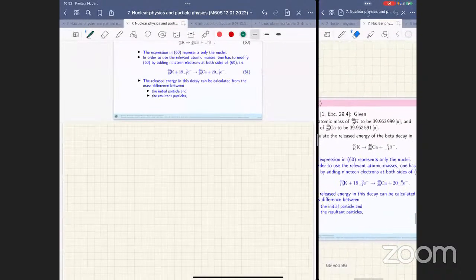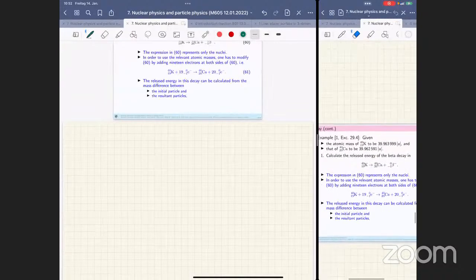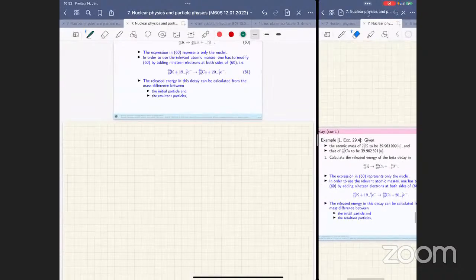Let's consider one of the beta decay processes, which is something about potassium and calcium. You have K, potassium-40 with atomic number 19. K-40 decays to calcium-40 plus a beta particle, with charge minus 1, right?